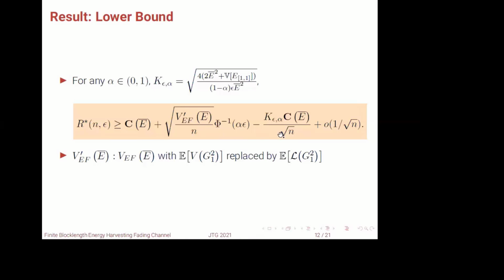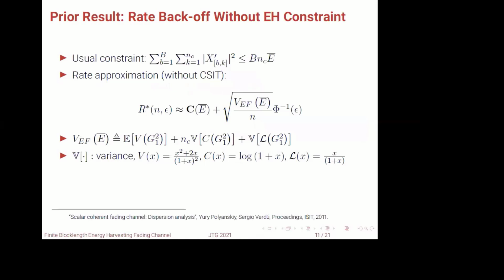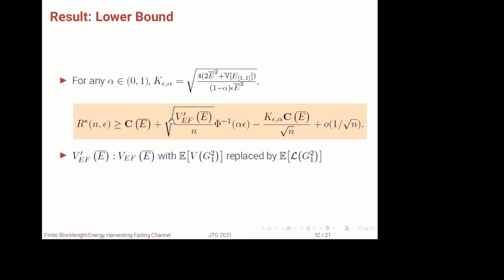The back off term itself has two parts, and the first part is quite close to what you saw previously for the non-energy harvesting case, wherein one of the terms is replaced with something else which is quite close to it.